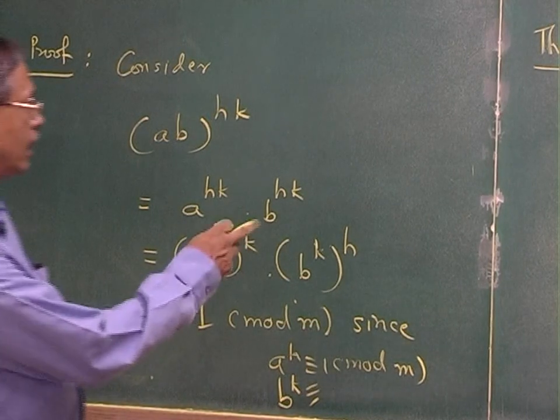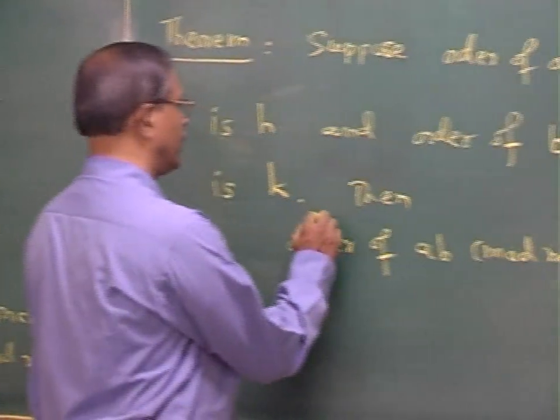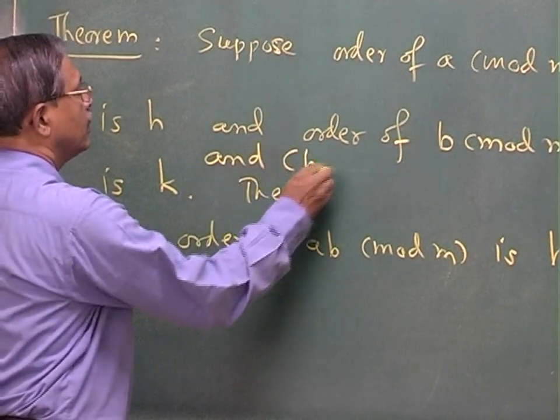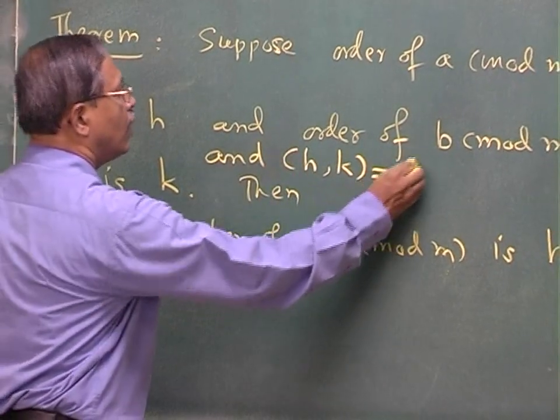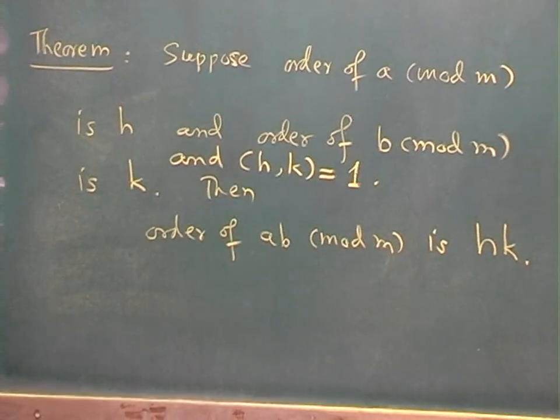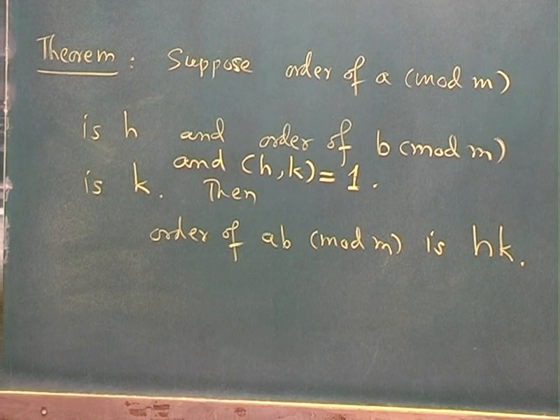Here I had to write that the gcd of H and K is 1, which I didn't write. That's important. Then the order of AB is equal to the product of the orders.